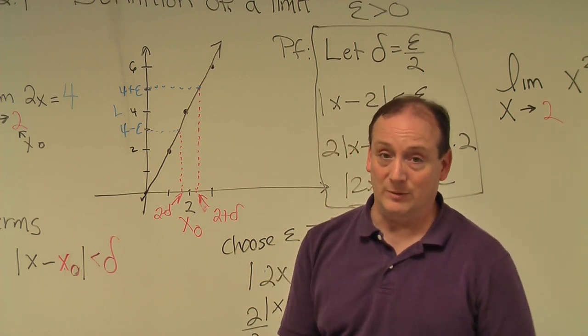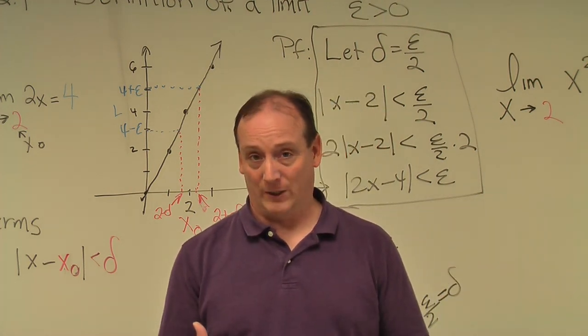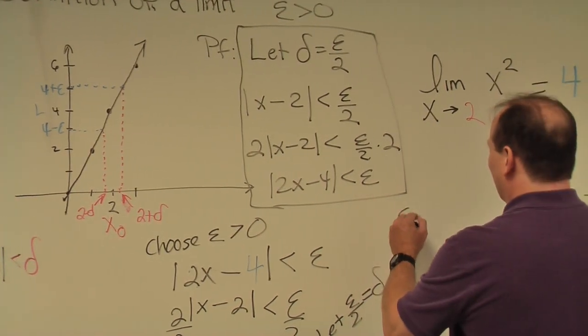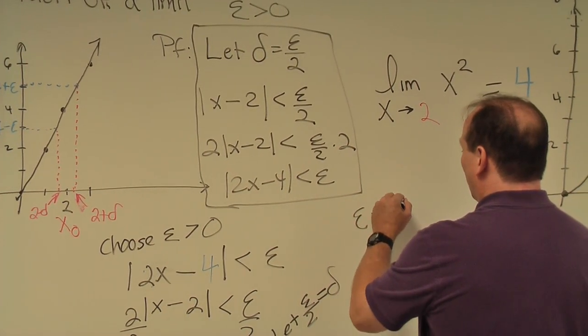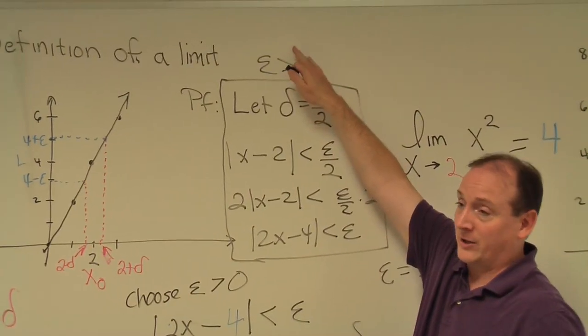So for example, say you wanted to be within 1/10 of 4, right? So suppose you wanted epsilon to equal 0.1. This is supposed to work for any epsilon greater than 0.